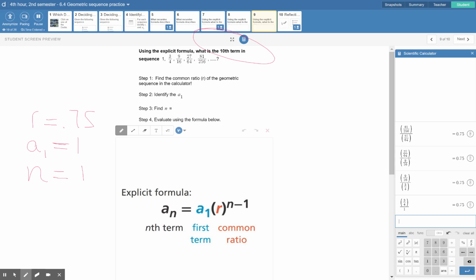So then we're going to plug that all in. We're trying to find our 10th term. We know our first term, our initial value, is 1. We know our common ratio is 0.75.